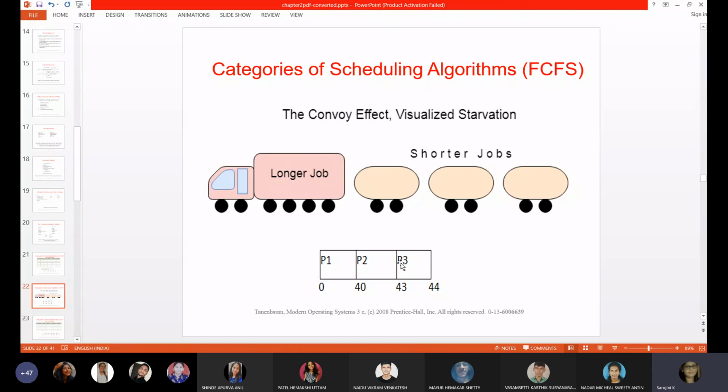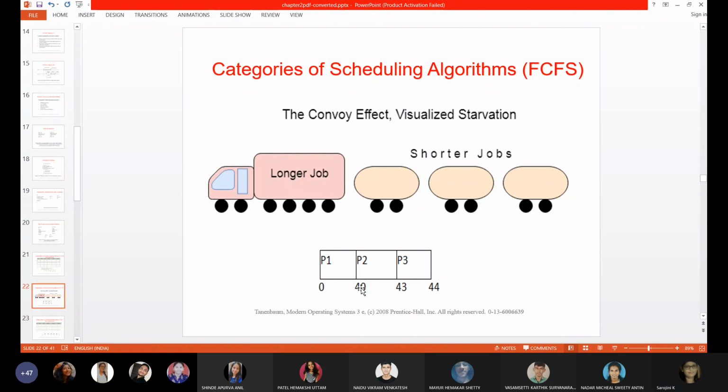And process P3's CPU burst time is just 1 millisecond. But just because process P1 arrived in the ready queue earlier, process P1 will start to use the CPU, and its CPU burst time is very long, 40 milliseconds.